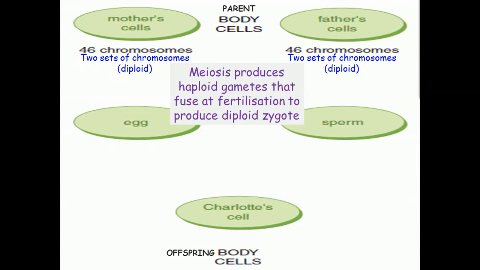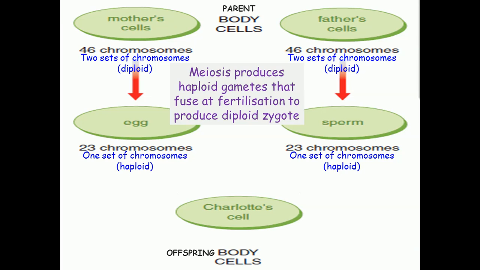However, we could then say that sexual reproduction relies on meiosis, and this is because meiosis is the only way to produce haploid gametes that could then be fused together in fertilization to produce diploid offspring in humans.